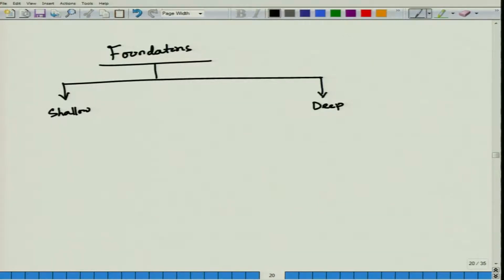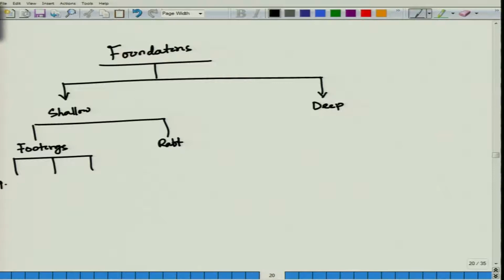Shallow foundations, again I put into footings, then the second one is your raft. In footings, I put isolated, then combined, then strip. I will discuss one by one.